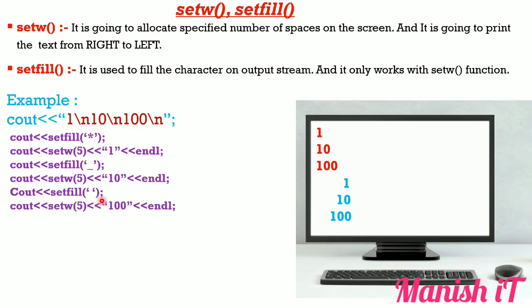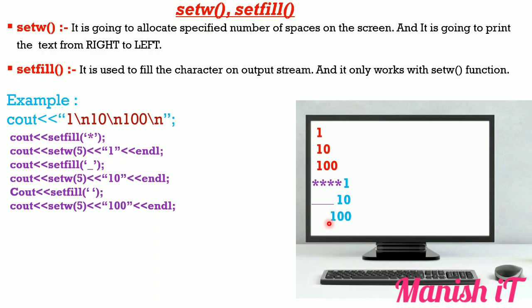After execution of all these lines, our output looks like this. See, the first is filled with a star, the second is filled with underscore, and the third I want to show as white space. That's why it's executed like this. So these are all the workings of the setw and setfill functions.